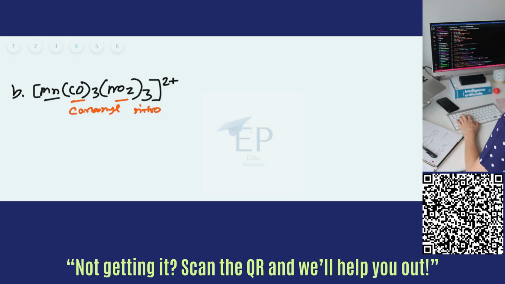So start with the carbonyl group. We have 3 carbonyls, so we start by writing tricarbonyl. Then we have 3 nitro groups, so trinitro. And then we have the central metal atom manganese.